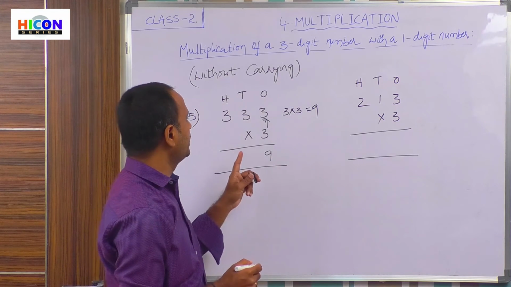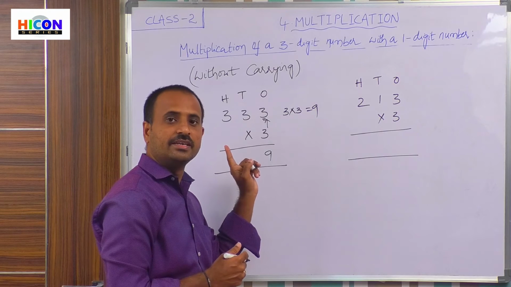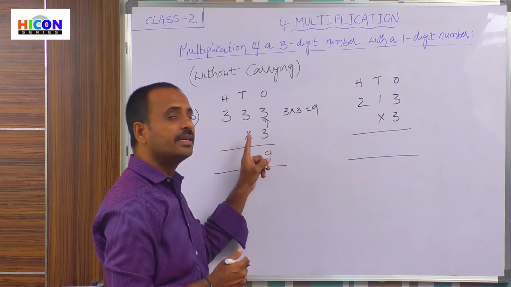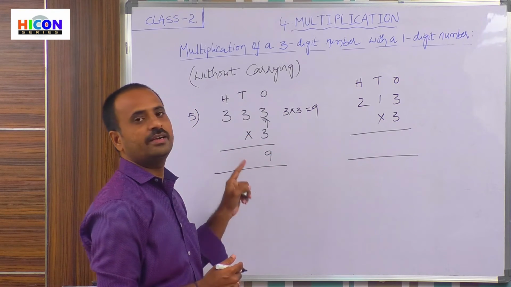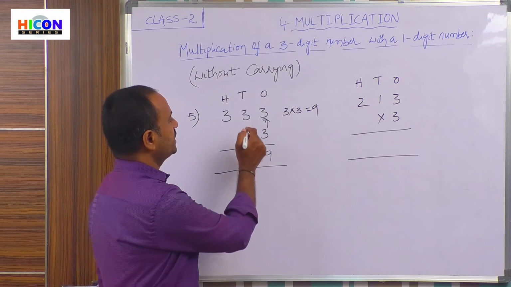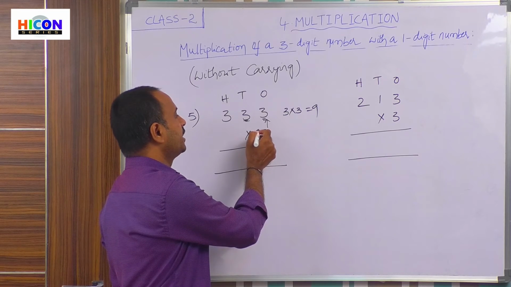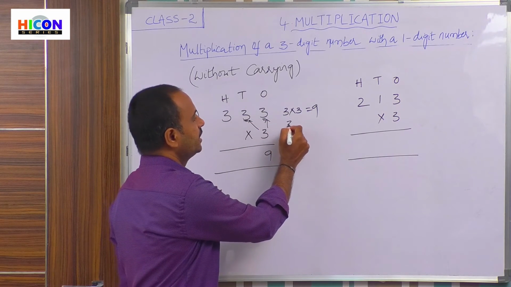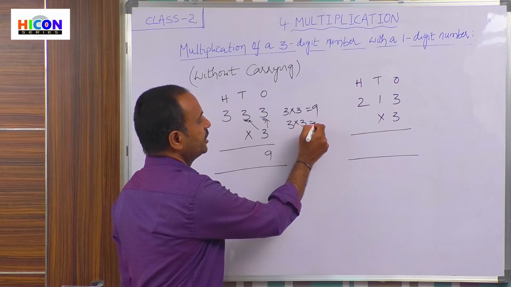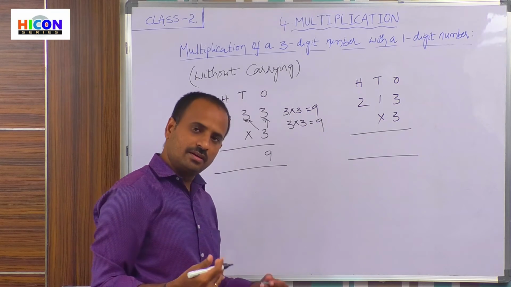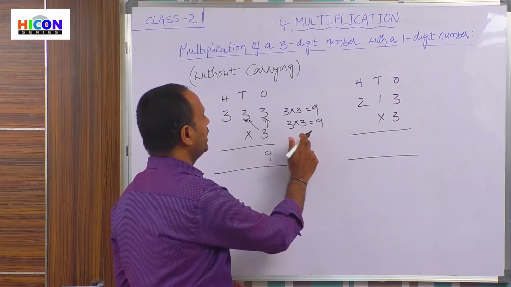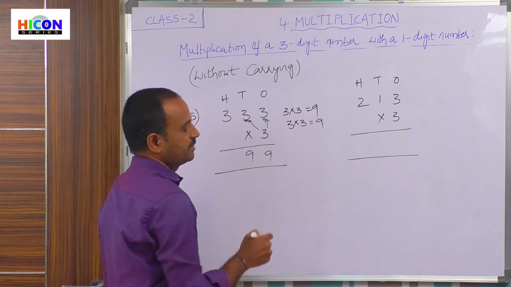Now go to tens place and multiply the digit present in tens place with 3 and write the answer under tens place. Here also 3 is present in tens place. 3 into 3, children, how much? 3 threes are again 9, and write this 9 under tens place.